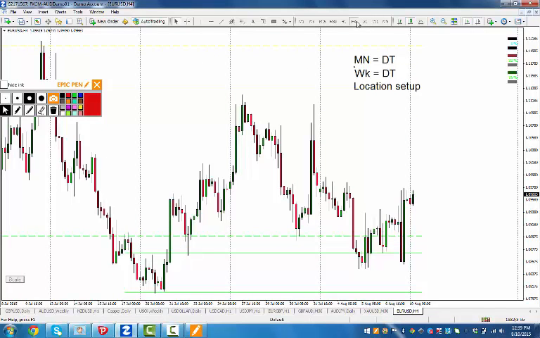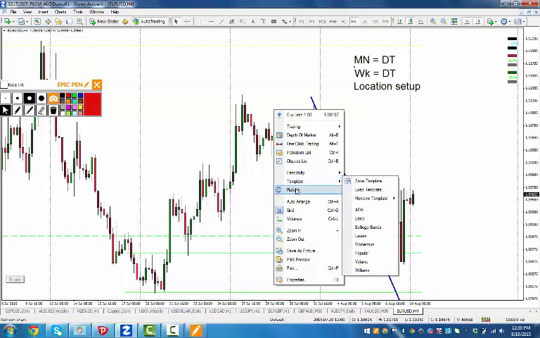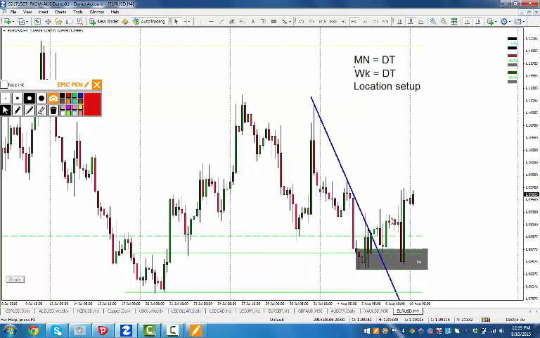For the hourly, we have broken the trend line, and that is our demand. Okay, see how the price dropped down and rallied up. Okay, so that is a confirmation entry.